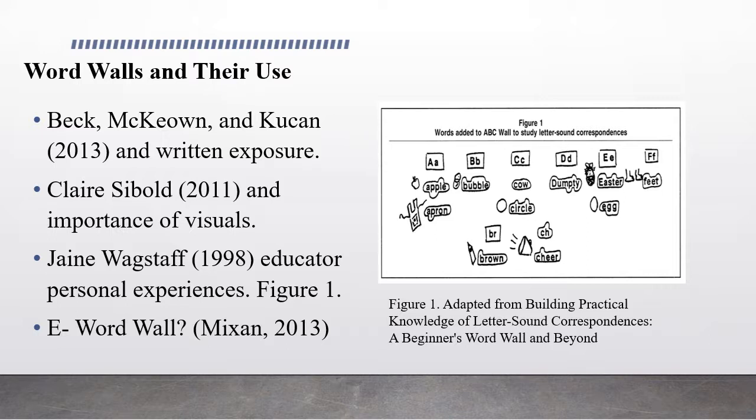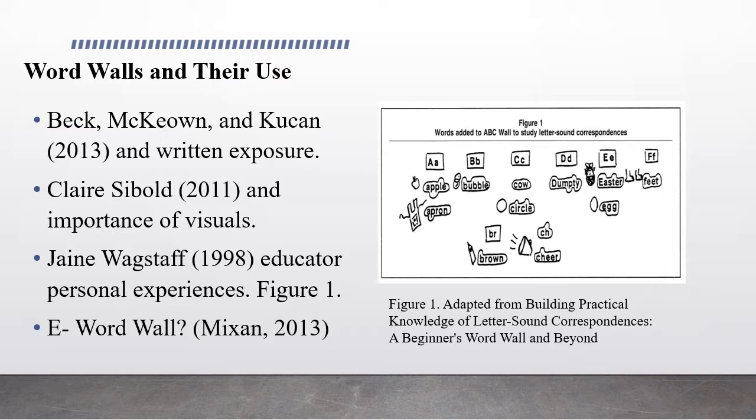In this section, I am going to reference Jane Wagstaff's personal educator experiences from her article, Building Practical Knowledge of Letter-Sound Correspondences, A Beginner's Word Wall and Beyond. I will also tie in Beck, McKeown, and Kucan's work and Claire Siebold's work with Jane Wagstaff, and then further develop this into the evolvement of word walls.